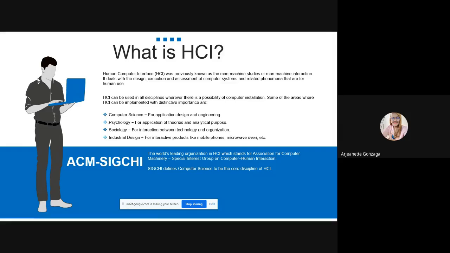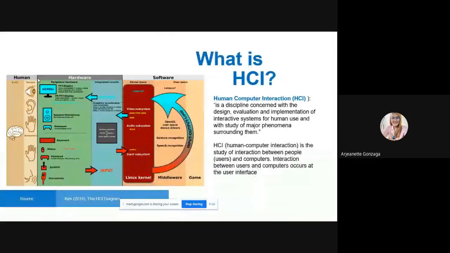So, what is HCI? Ito yung human-computer interaction, a discipline concerned with the design, evaluation, and implementation of interactive systems for human use and with the study of major phenomena surrounding them. So HCI is the study of interaction between the people or the user and the computers.